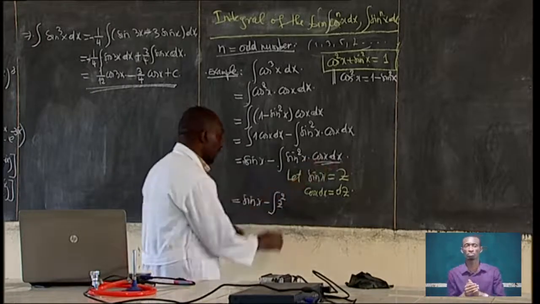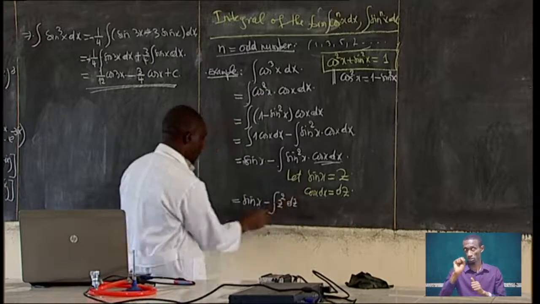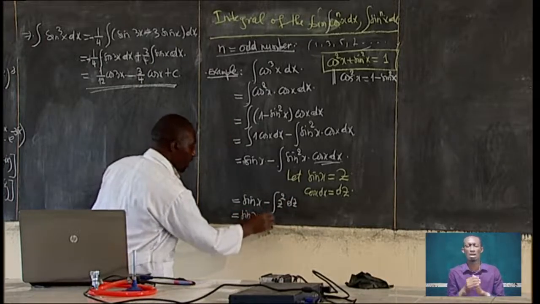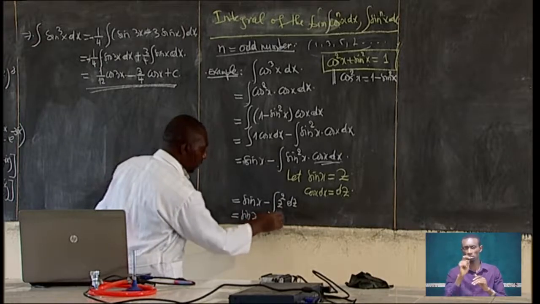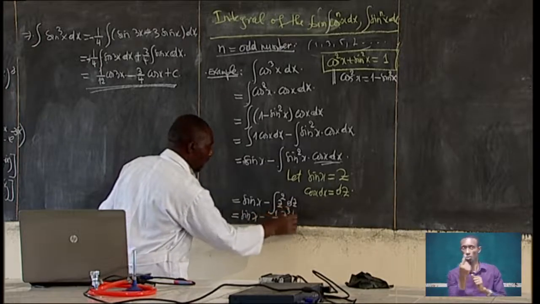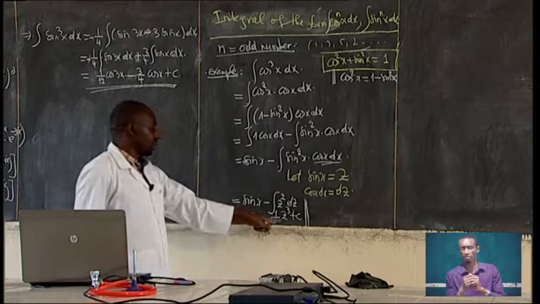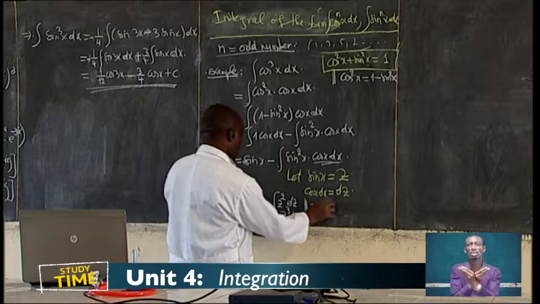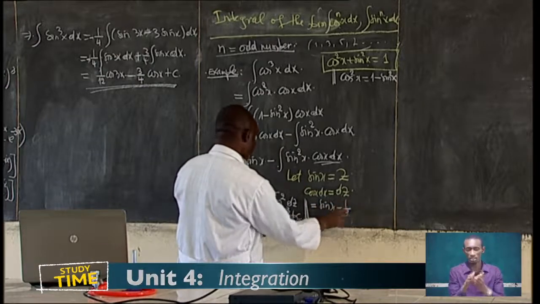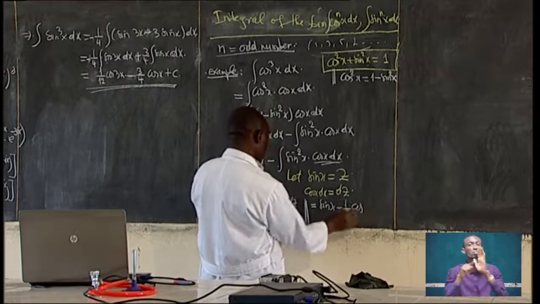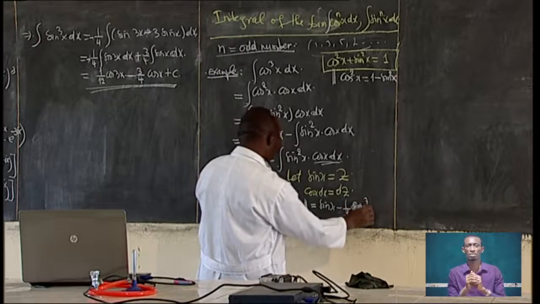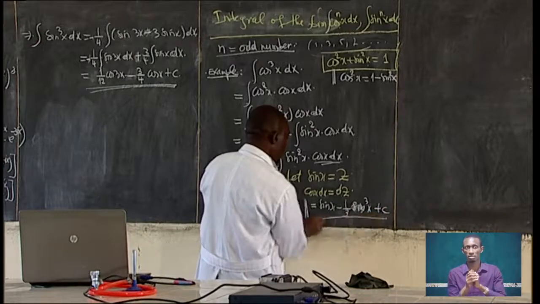Cosine x dx is dz. And I get sine x minus 1/3 z power 3 plus c, replacing z by its value. The answer will be sine x minus 1/3 sine cubed x, then plus c, and I'm done.